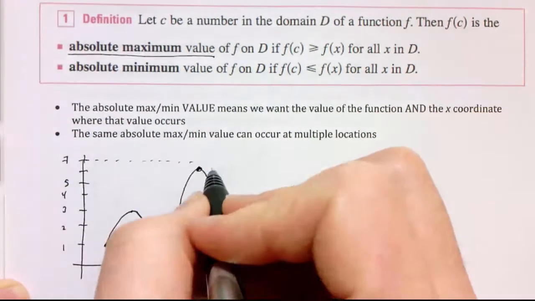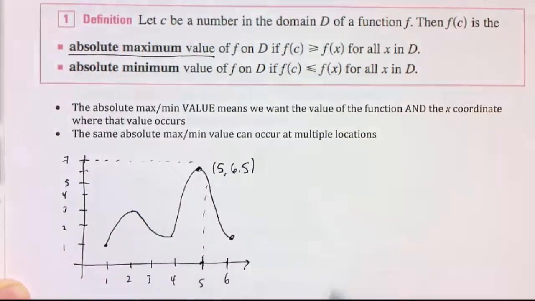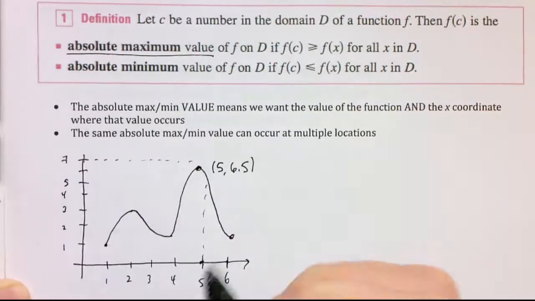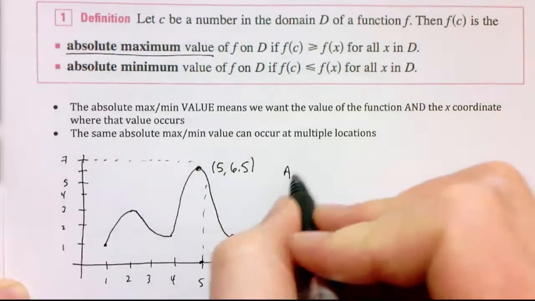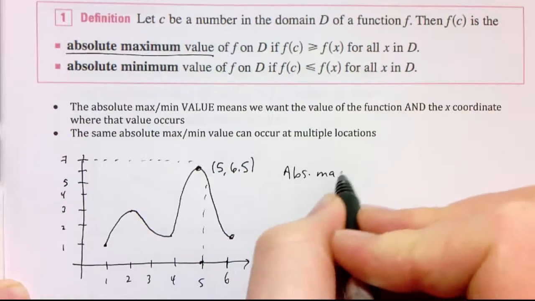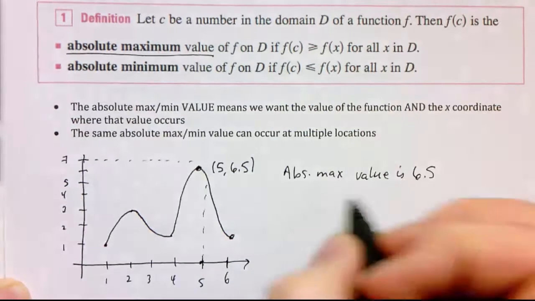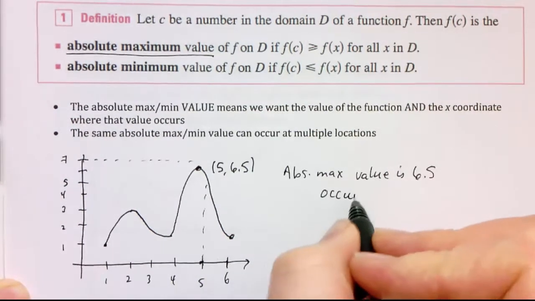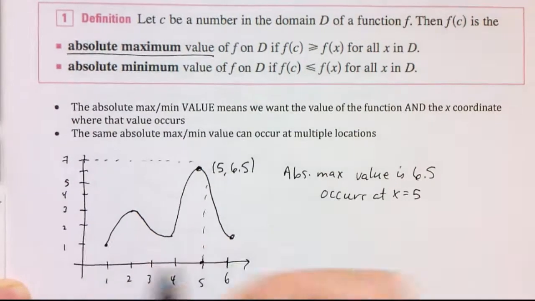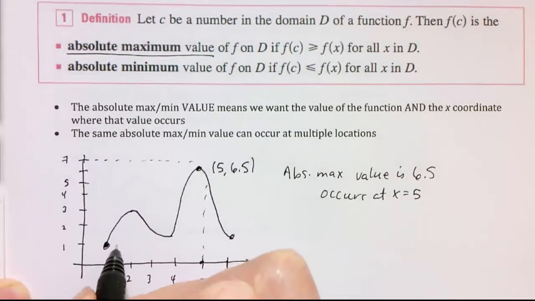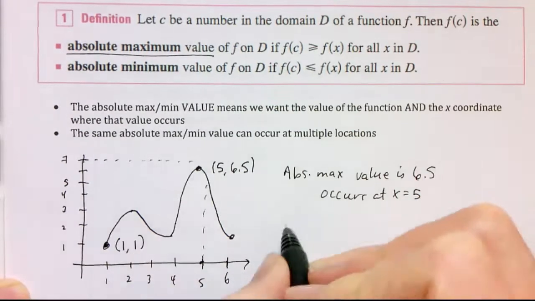So let's call this point loosely, it's about 5 and 6.5. All right. The function at this point right here at x equals 5 is larger than any other value. So the absolute max value is 6.5 and it occurs at x equals 5. The absolute minimum value in this case is 1 and it occurs at the point x equals 1.